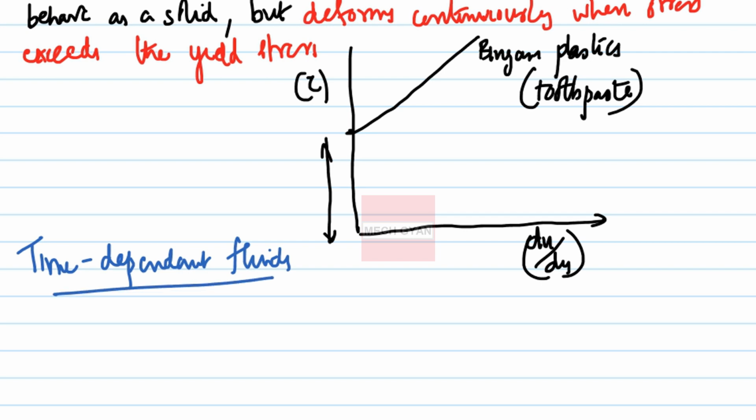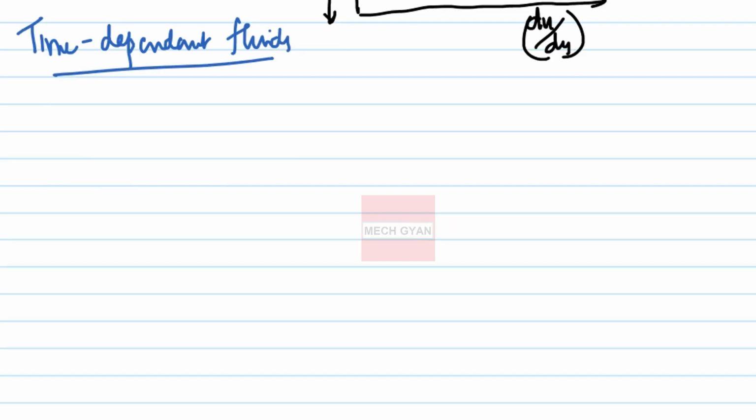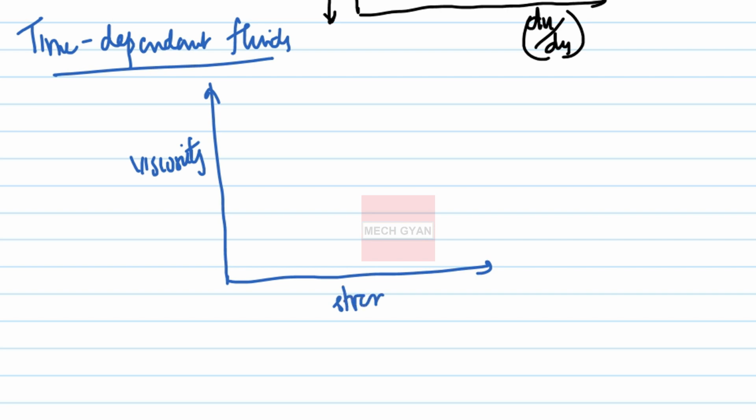If you plot a graph between viscosity and stress over time, for some fluids time-dependent shear thinning property is observed, that is, viscosity decreases over time.